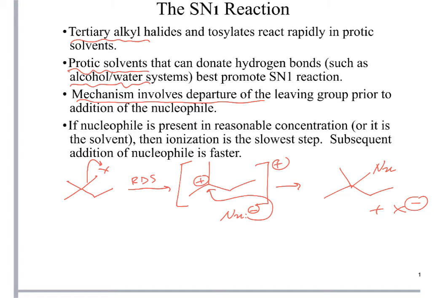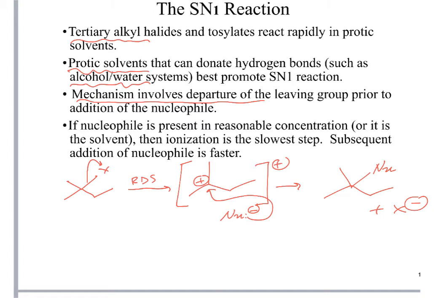So since the nucleophile does not partake in a rate determining step, therefore the nature of the nucleophile does not affect the rate of the reaction. And as long as nucleophile is present in appreciable concentration or amount, or it's even a co-solvent such as water, then the reaction rate will not be affected.